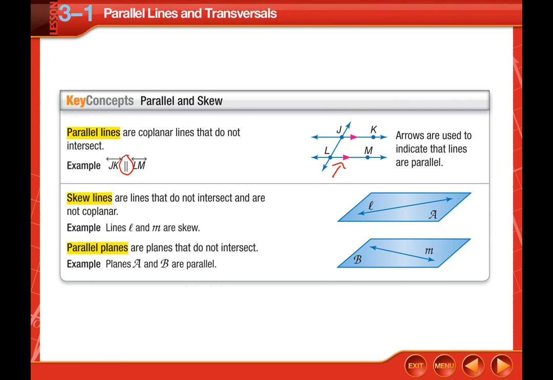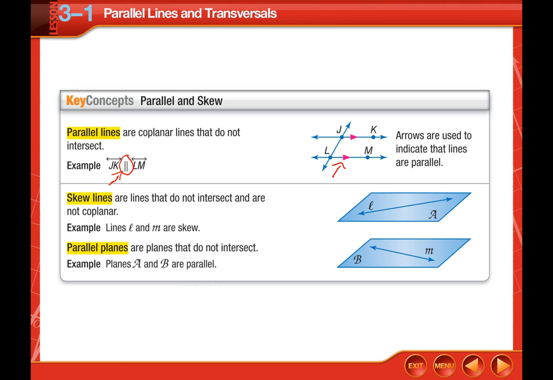So a set of parallel lines are coplanar, and they don't intersect. Okay, they will never intersect. And we can see that there's this shorthand way of showing that with these two lines straight up and down.